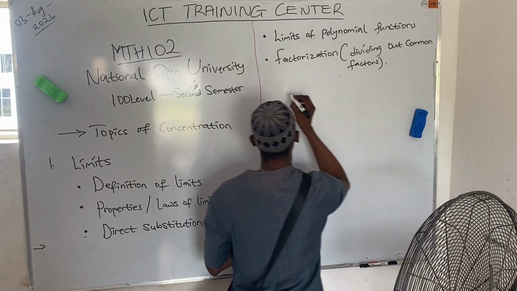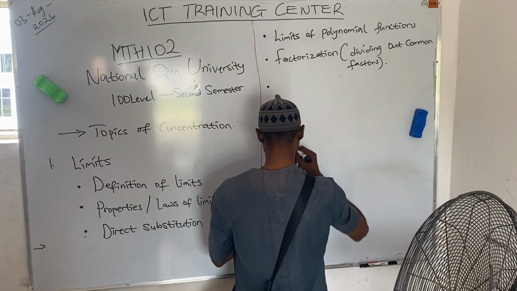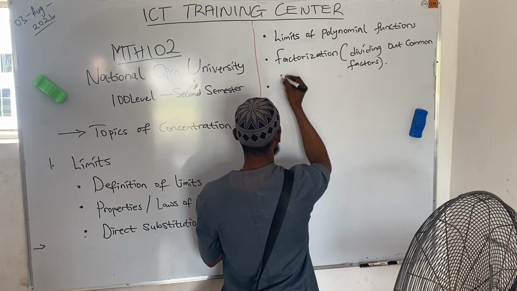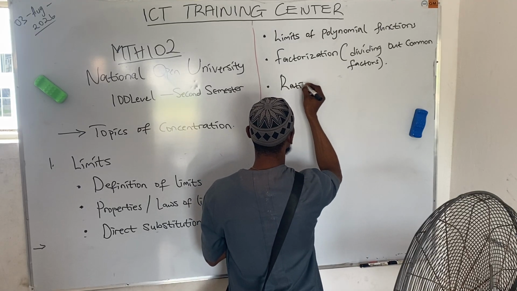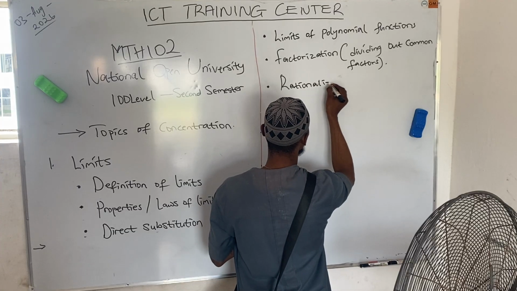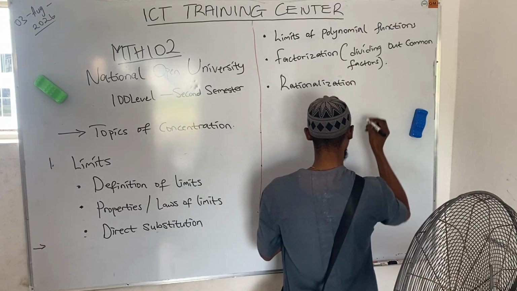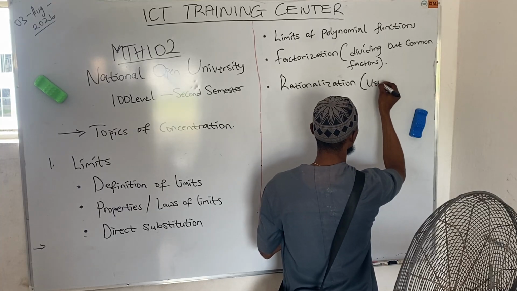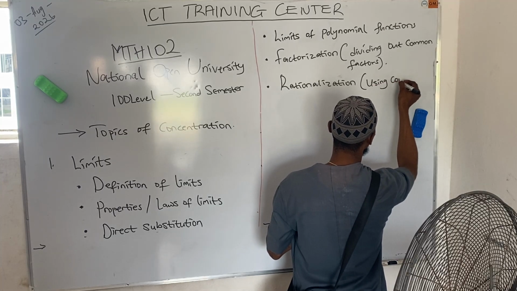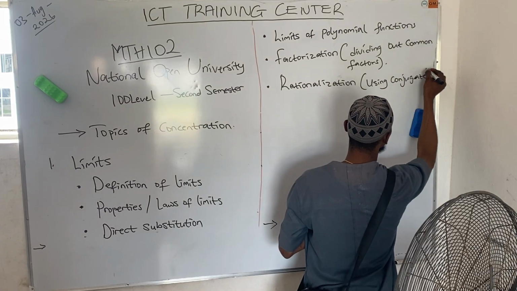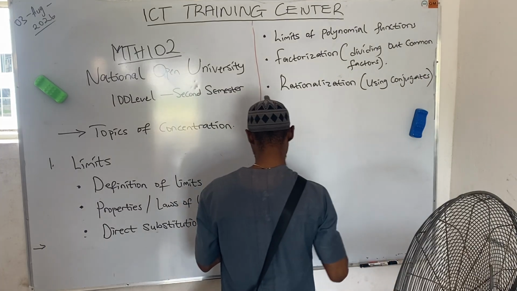Right? The next one here is rationalization. So under rationalization, we're going to be talking about using conjugate. Okay. Alright, so we are close to the ending.